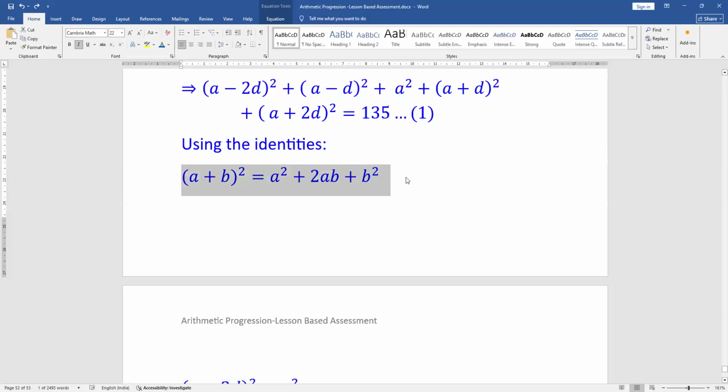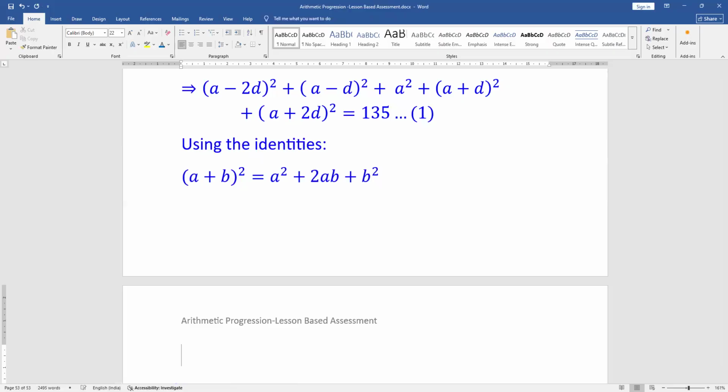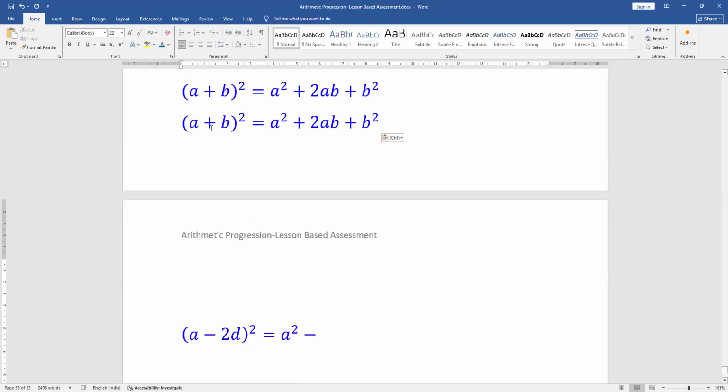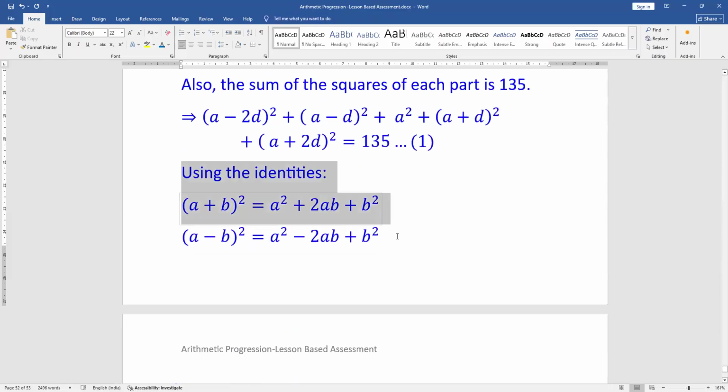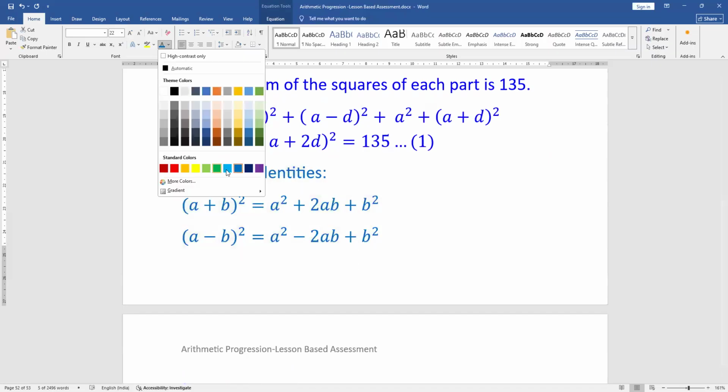The other one is (a minus b) whole square, which is a square minus 2ab plus b square. So we are going to use these two identities for solving this problem. Okay. So you have to make a note.